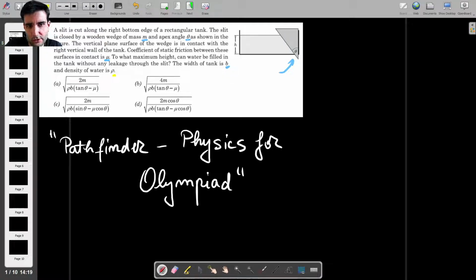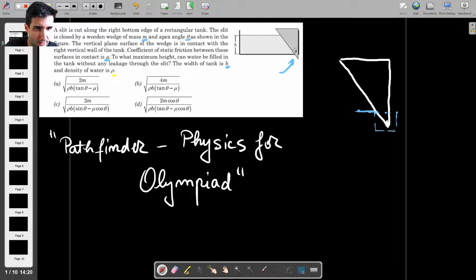Now, why would the wedge pop out from that slit? That's the first thing we have to consider. The more water we put in the tank, the more displaced volume we've got. If we have this much water, then this is the amount of displaced volume; if we have more water, the displaced volume is going to be higher. And the displaced volume is proportional to the buoyant force, the upthrust.